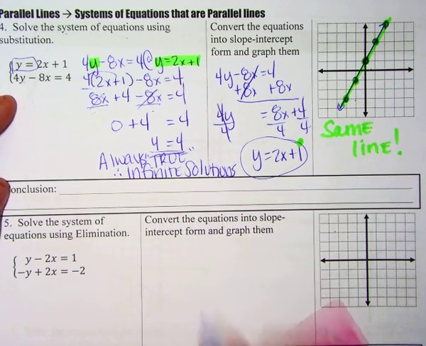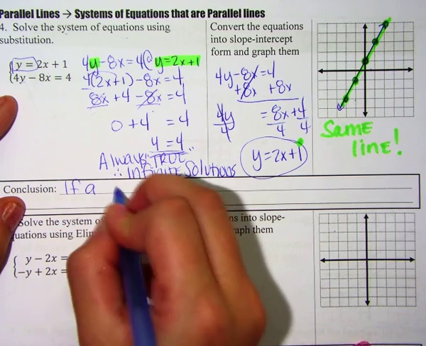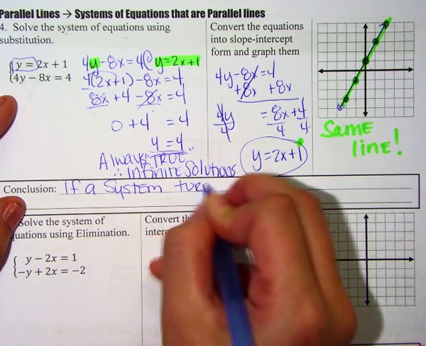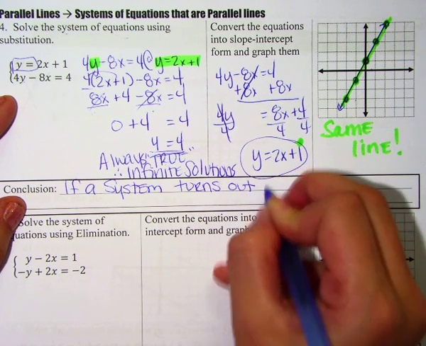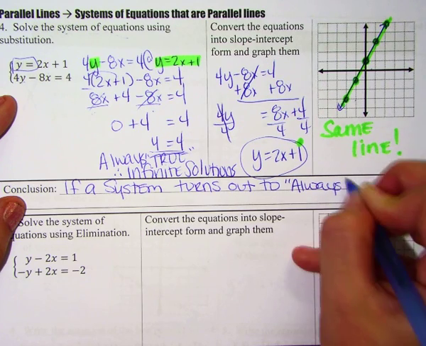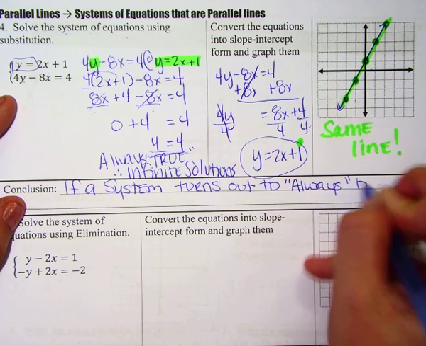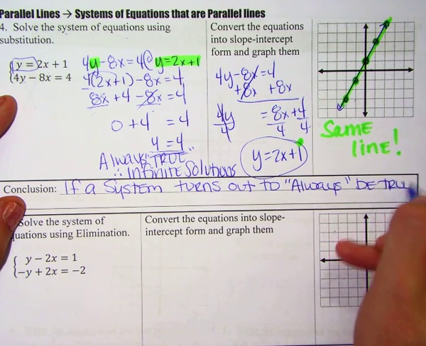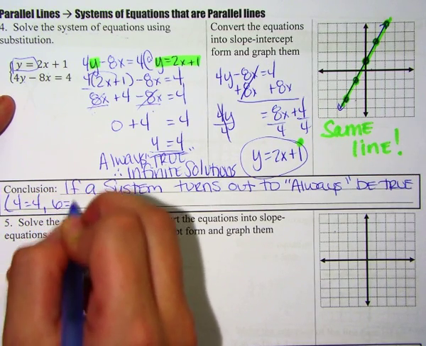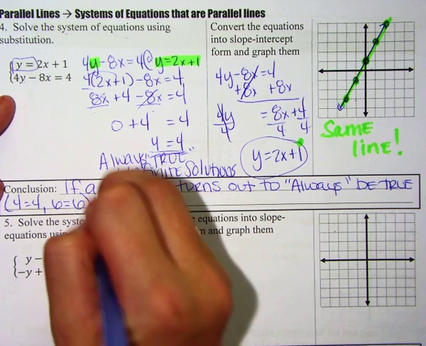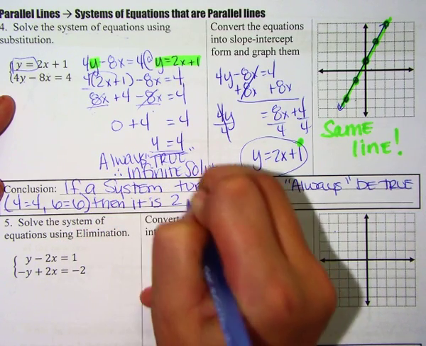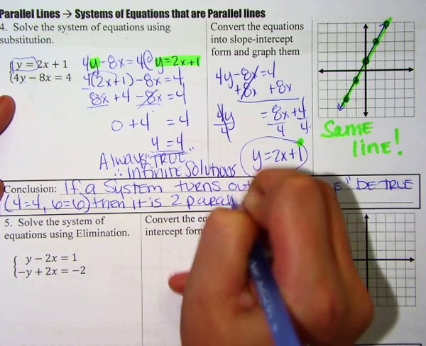Really quick conclusion statement. If a system turns out to always be true, again, meaning things like 4 equals 4 or 6 equals 6, then it is 2 parallel lines.